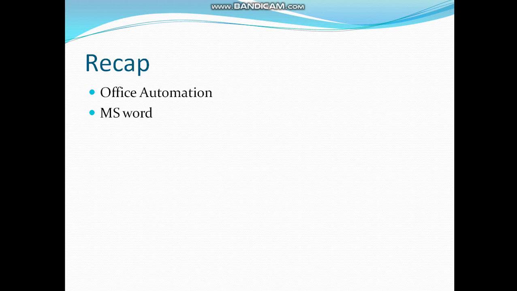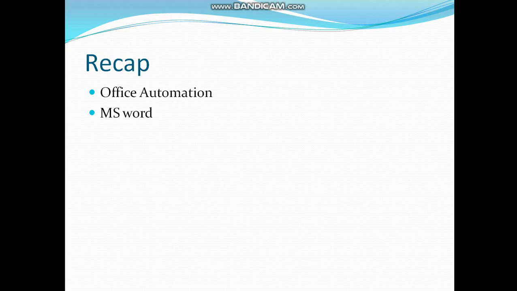Office Automation is a software that provides you the facility to create, process, store and communicate the information. It could be a complete package along with various software components like MS Office. MS Office includes components like MS Word, MS PowerPoint, MS Excel and many others.